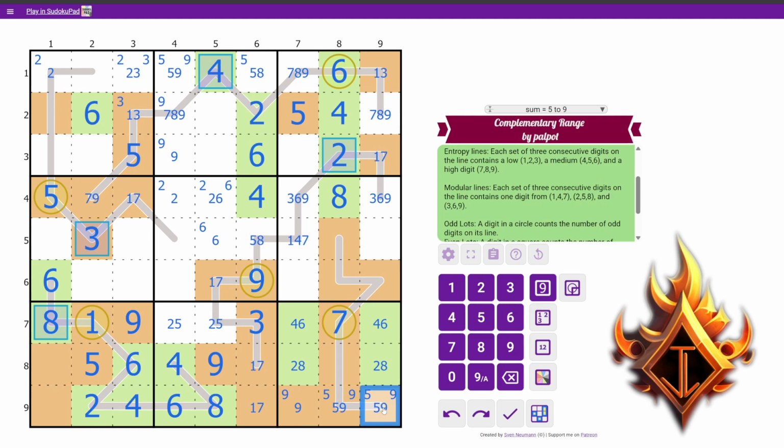So this cannot be 5. So 5 goes in one of these now. 1, 2, 3, 4. And this was 1 or 9.